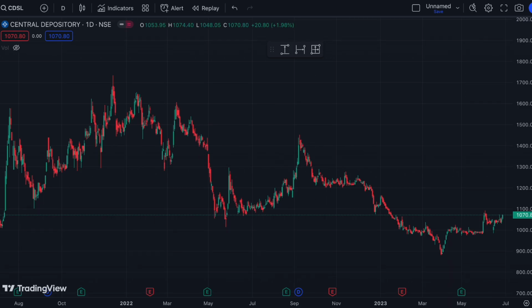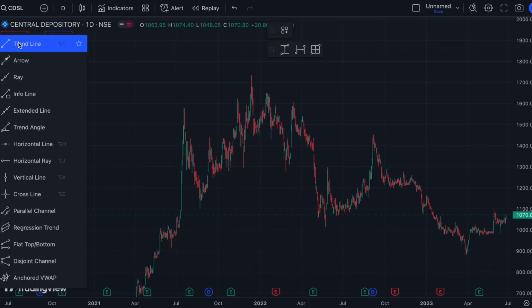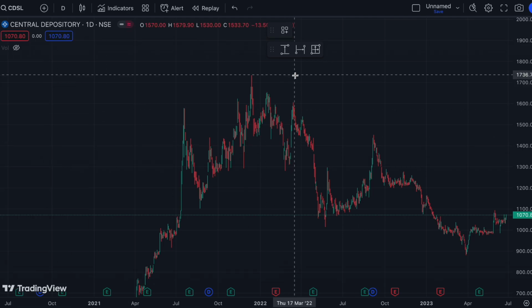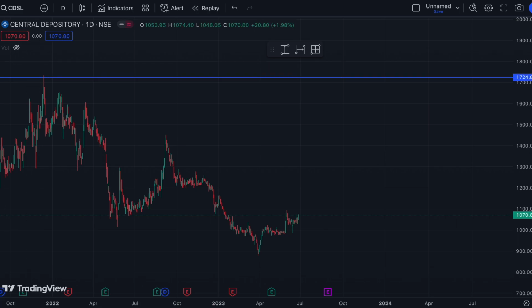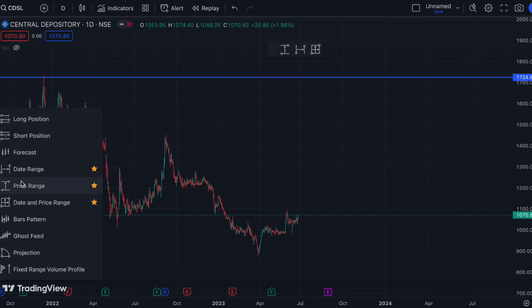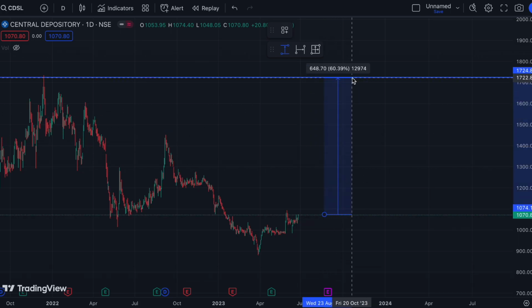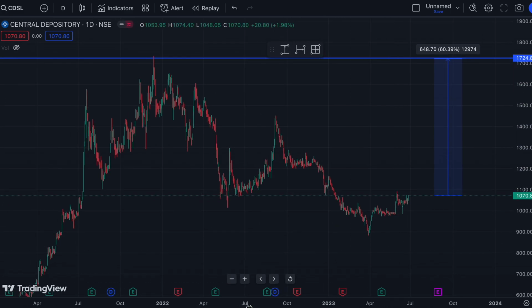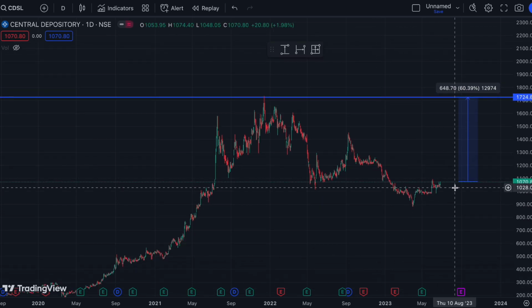If it comes back to its original ratio, it will rise, because it's a very good company, and we know how much potential there is in the Indian economy, which I believe in. See this, from here to here, if you wait for 1 to 2 years, it is about 60% profit. If you wait 2 years, 60% profit is not a small thing.